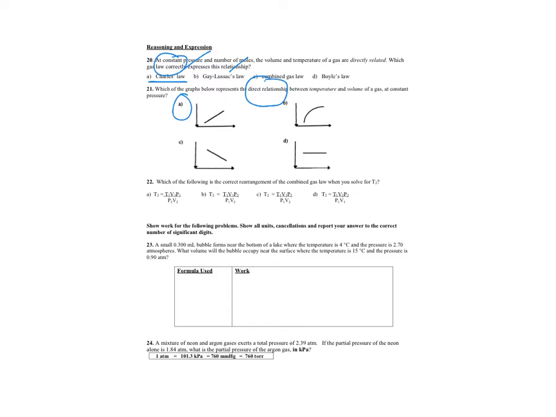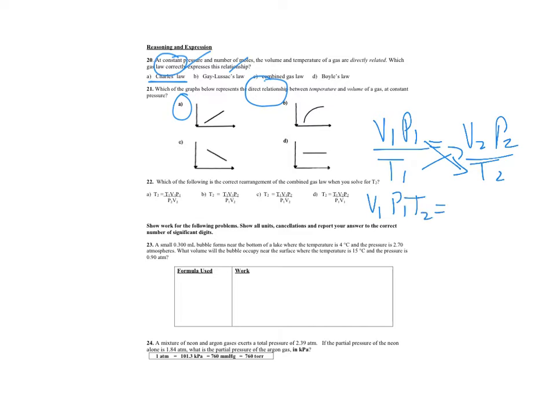Which of the following is the correct arrangement of the combined gas law when you solve for T2? Here's the combined gas law. V1 P1 over T1 equals V2 P2 over T2. The best thing to do here is to cross multiply, and we get V1 P1 T2 equals V2 P2 T1.